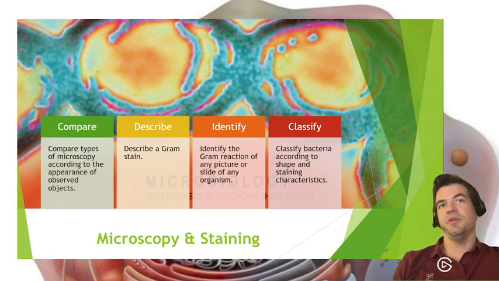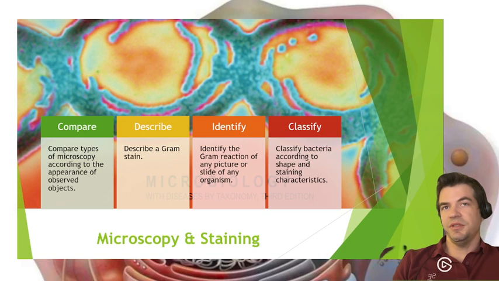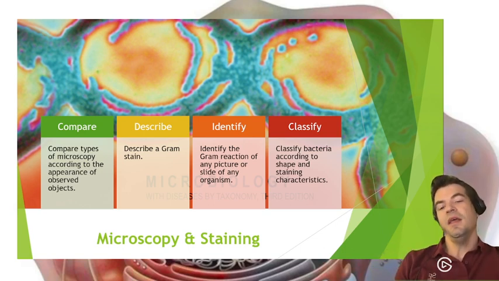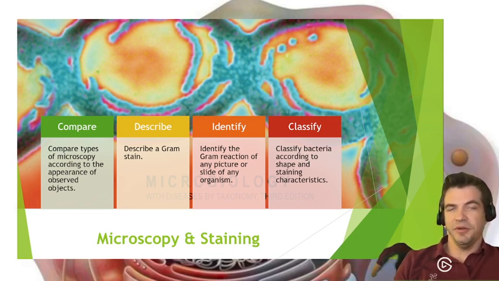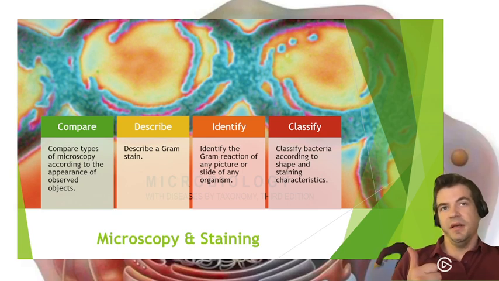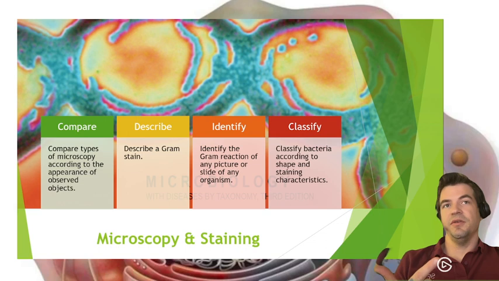It's simple, there's only two choices, so you either see that purple or you see that pink. Finally, we want to be able to classify bacteria according to shape and staining characteristics. Shape is bacillus or coccus, and we've gone over those several times now.